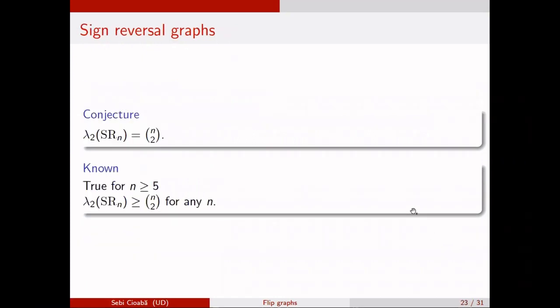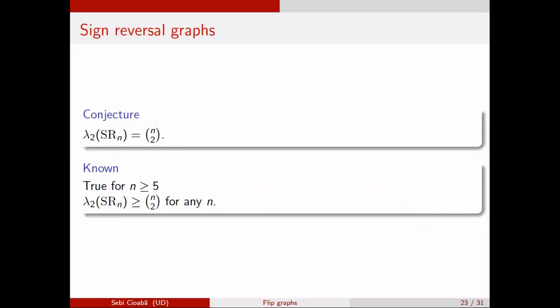Okay. Now we looked at the sign reversal graph. If you fix a permutation, let's say 1, 2, 3 up to n, and you take all the signed permutations that have this as their support, so it could be plus or minus 1, plus or minus 2, and so on, the subgraph induced by these vertices is the n-dimensional cube, because the only reversals you can have are reversing one element on the spot.